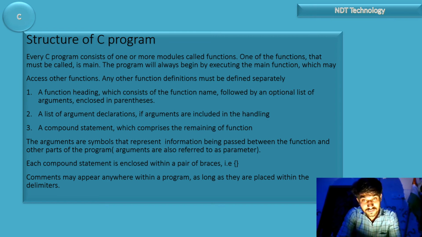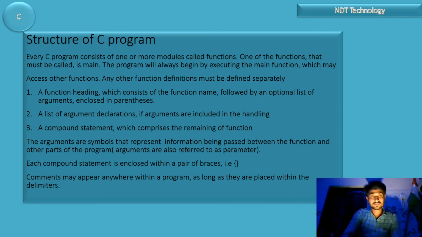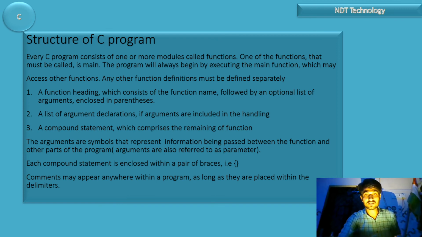And a compound statement which comprises the remainder of the function. The arguments are symbols that represent information being passed between the function and other parts of the program. So that is the structure of a C program.